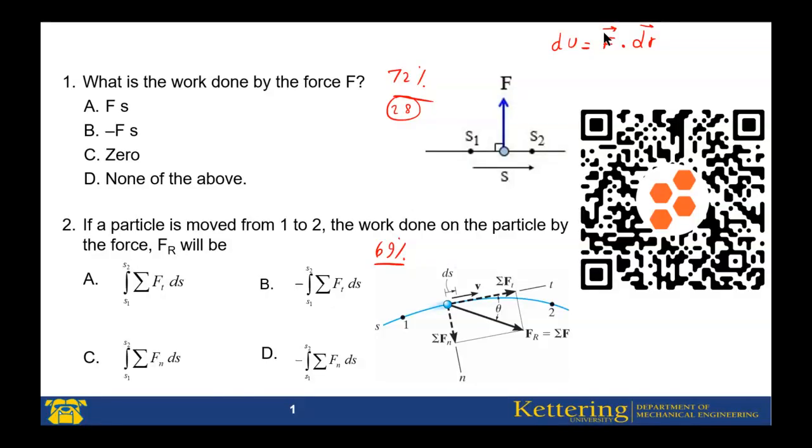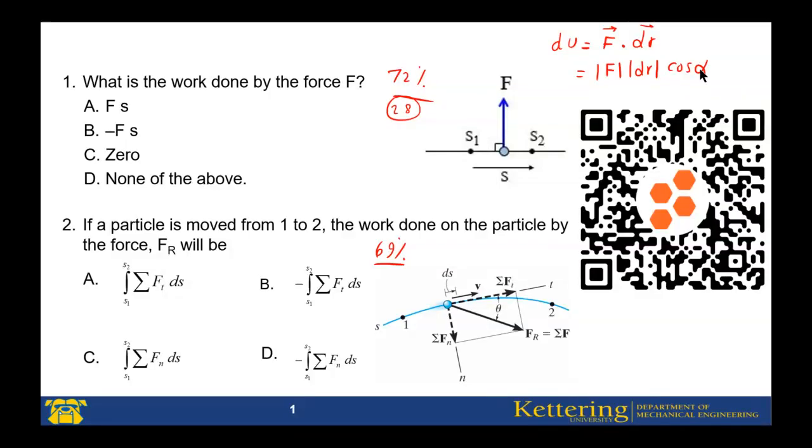The displacement along the curve, and you remember this can be written as the absolute value of F, the absolute value of dr, multiplied by cosine alpha. Alpha is the angle between the force and displacement.